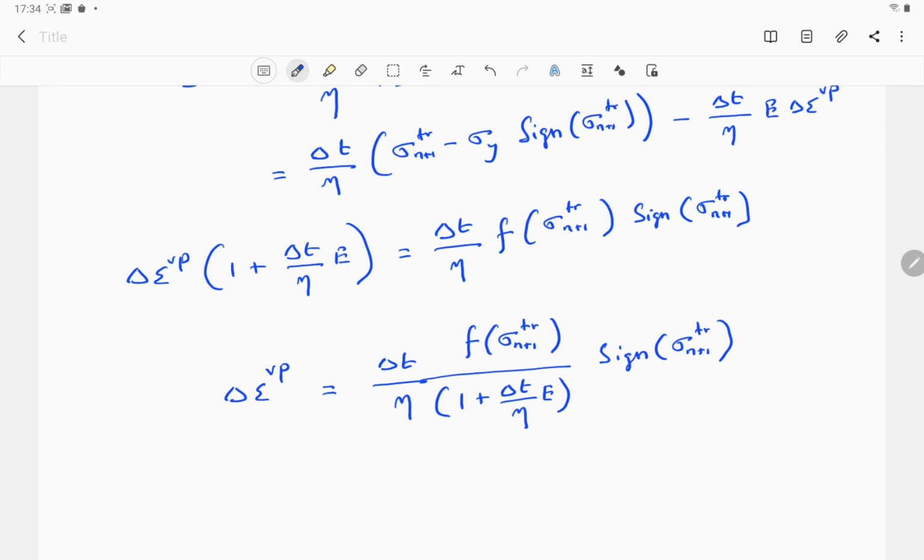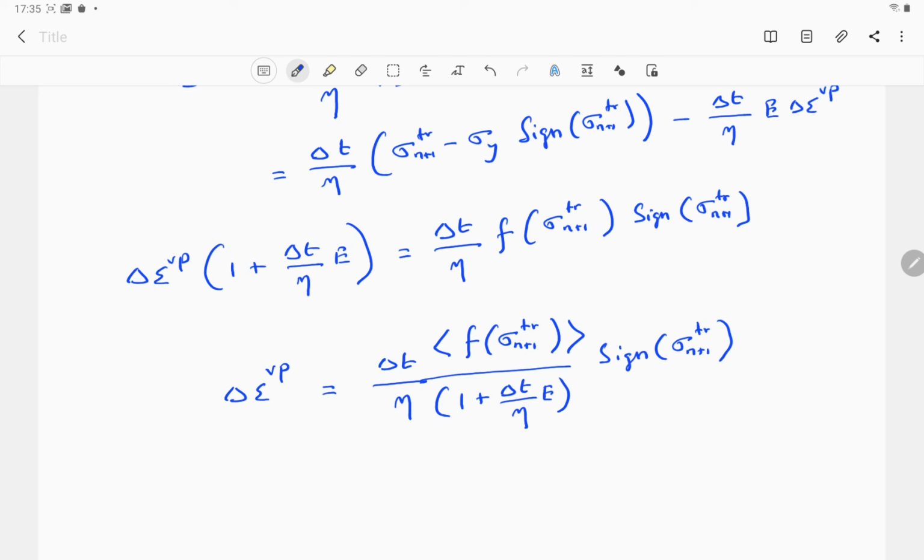As a matter of fact, this is valid only if f is positive. Otherwise delta epsilon Vp is 0. That condition we can take care of by putting the Macaulay bracket over here.